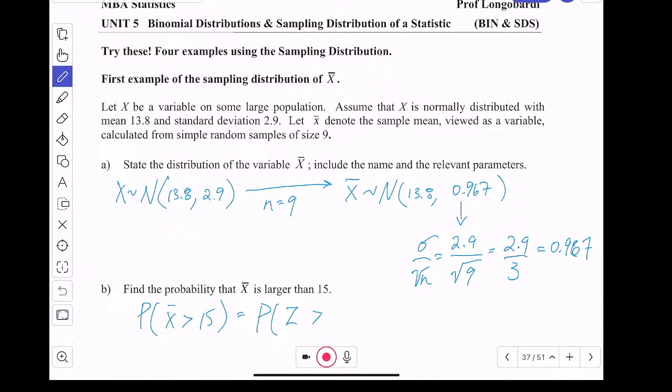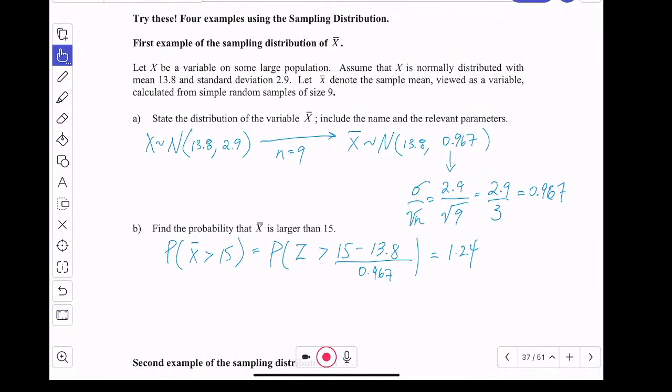Turn this into a Z, subtracting 13.8 and dividing by 0.967, get my answer. 1.24.